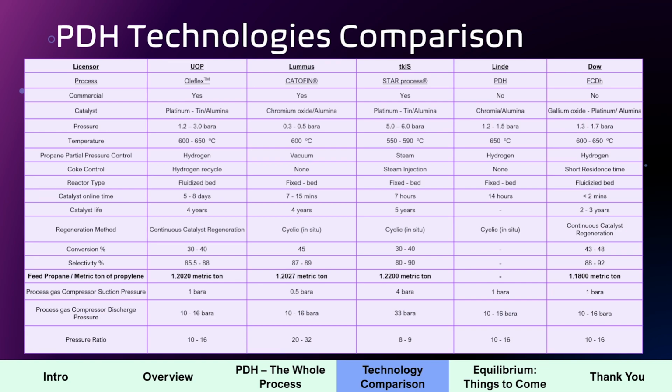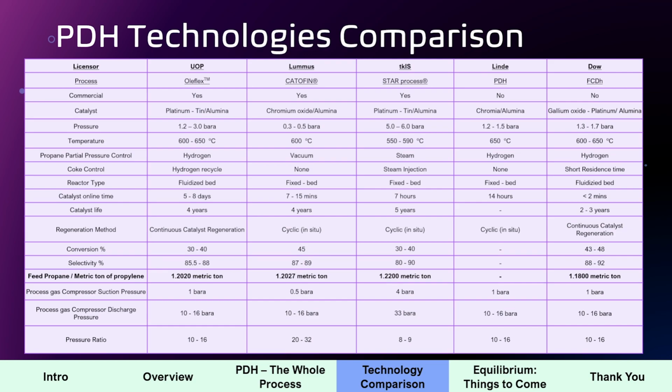All the other commercial versions are fixed bed, which means not all the reactors are going to be operational 24/7 at the same time. One or more are going to be in some regeneration sequence while the rest are in operation. That's the problem with these fixed bed reactors.